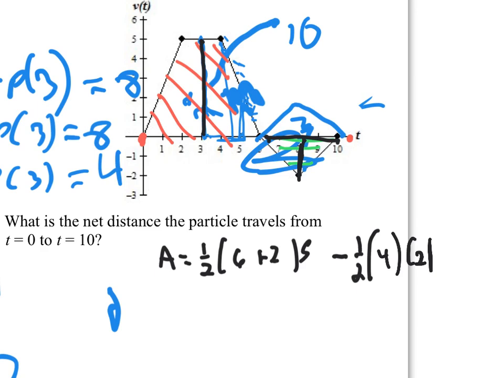So the net distance the particle traveled is 8/2, which is 4, times 5, minus 8/2 times 2, so that gives me -4. So my net distance is, oh no, I'm sorry, that's 20 minus 4, positive 16. And you would label it as units. It makes sense that it's a positive answer because I have much more positive area than negative area.